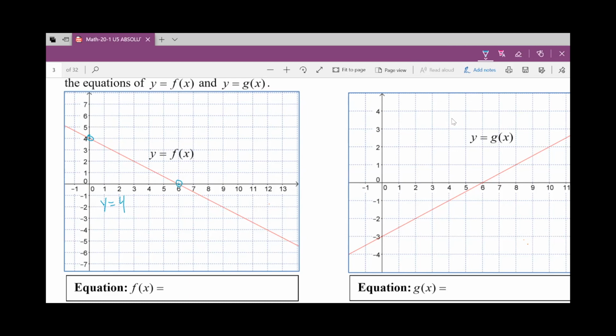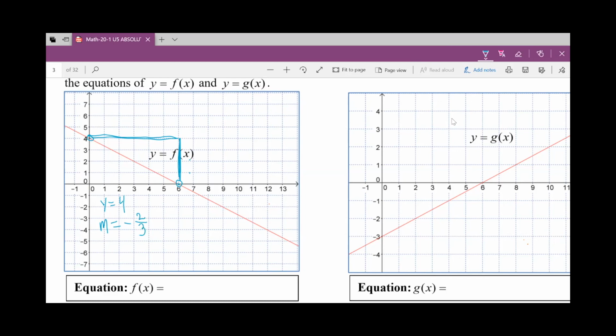If I wanted to figure out the slope, I could use those two lattice points as a guide. The line is going down, so it's a negative slope. It's going down 1, 2, 3, 4, and over 1, 2, 3, 4, 5, 6. So it's negative 4 sixths, and that simplifies to negative 2/3.